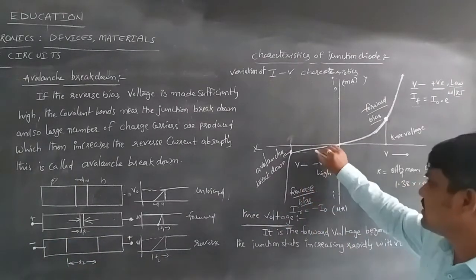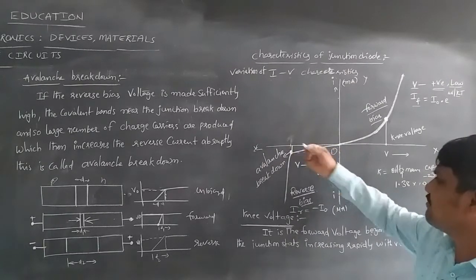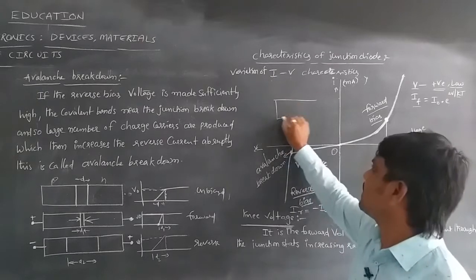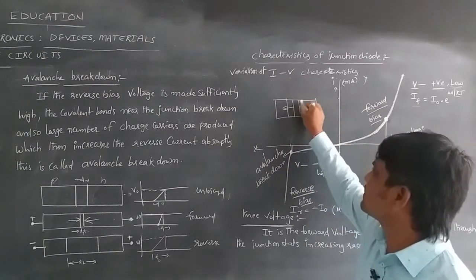At a sufficiently high voltage, the covalent bonds near the junction break down, and a large number of charge carriers are produced. In the PN junction diode, the depletion layer width increases.